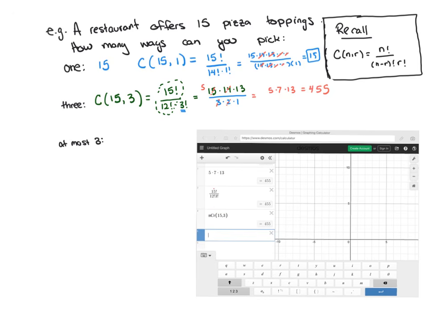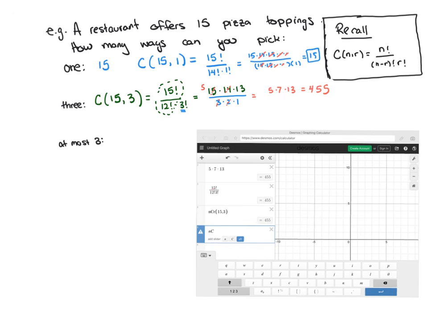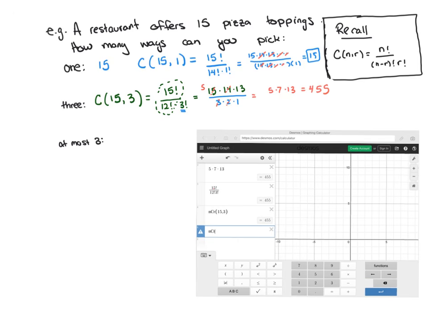Or you can just type NCR. You have to make that C capital. So if you type capital, lowercase n, capital C, lowercase r, you'll see that it's no longer italic. That means you've got your function, and then you can go ahead and put in your 15, comma 3. So there's lots of different ways to get this value.